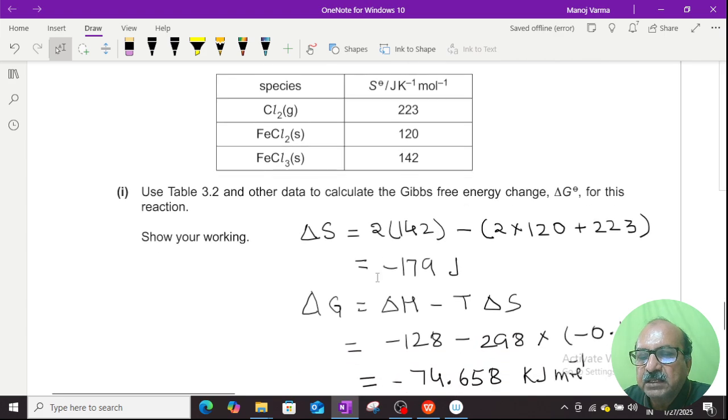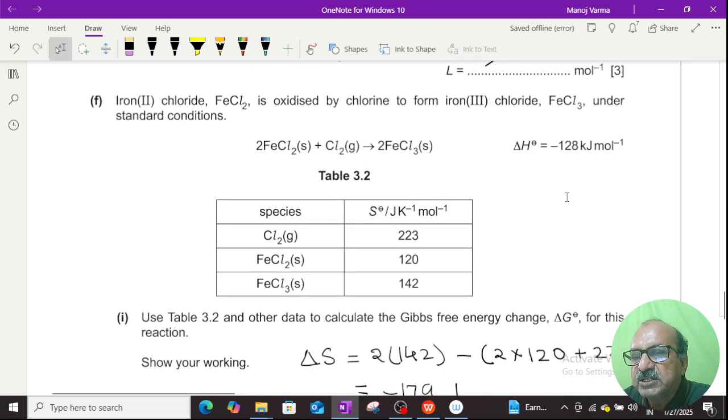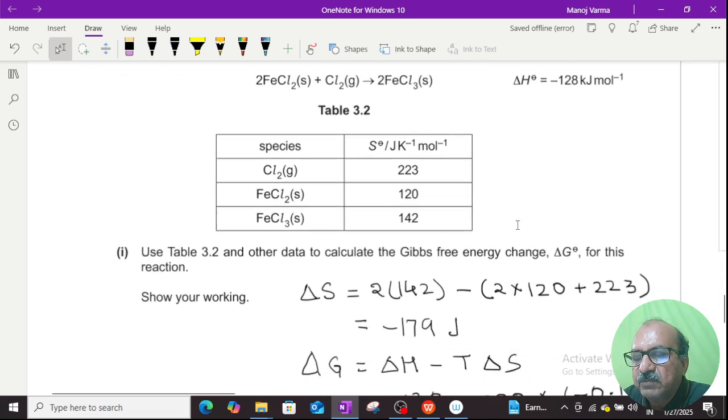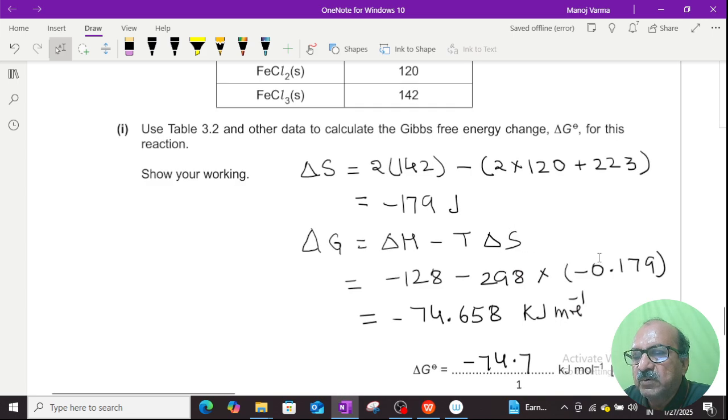And then we can apply the formula for delta G is equal to delta H minus T delta S. The temperature is the standard temperature, which is 298 Kelvin. Delta S is minus 179 joule, but because delta H is given in kilojoules, we will convert this value into kilojoules, whereby 179 becomes 0.179.